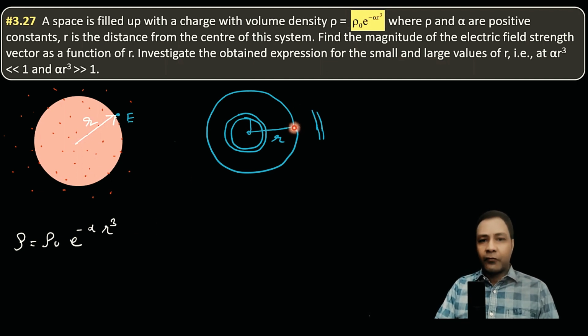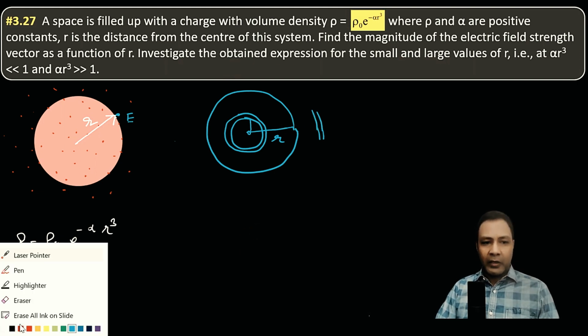So for all shells within this point, I have to calculate the total charge within those shells, put the whole charge at the center, and then apply the formula for the point charge, that is kq by r square. And for all shells outside that point, this point would be an interior point, and the electric field due to any uniformly charged shell at an interior point is 0.